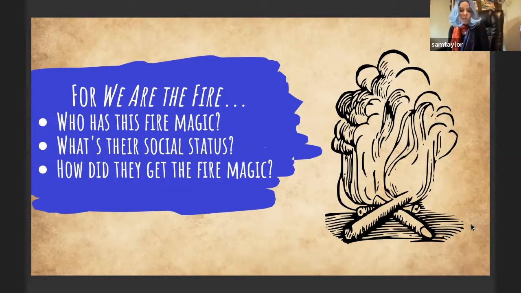I spent some time researching alchemy as it had happened in our world's past, and then I played with it. Some of the chemicals that are mentioned in We Are the Fire in the alchemy lab were real ones used in alchemy in our world, but I also made some up.